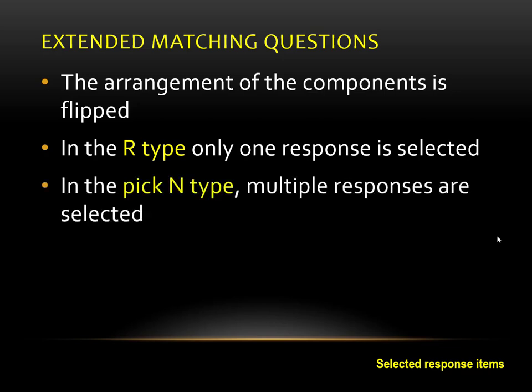And in the pick N type, the other type, multiple responses are selected. So the R type is similar to MCQs, but with an extended item stem and extended list of options. While in the pick N type, which means pick a number of responses, multiple responses can be selected from the list.